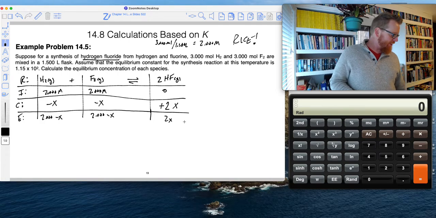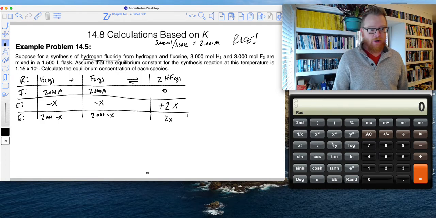So now we can set this all equal to our equilibrium expression, which we know was 115. So that's the same as 1.15 times 10 to the 2. Okay, and so that all equals, let's just get this equilibrium expression. So that's HF.